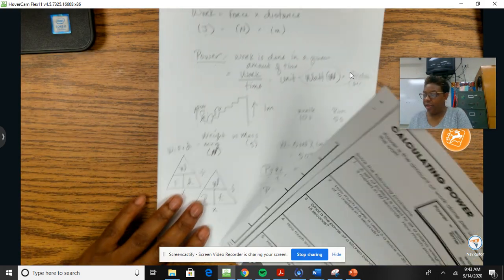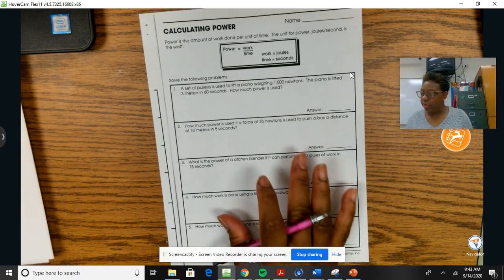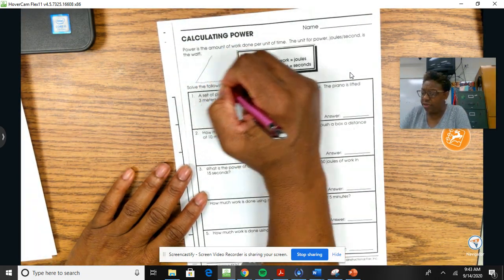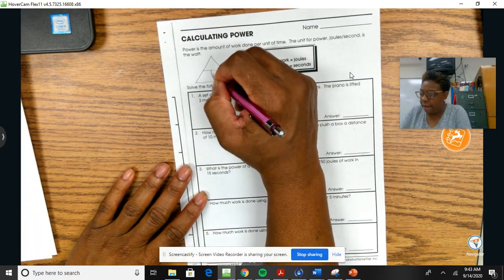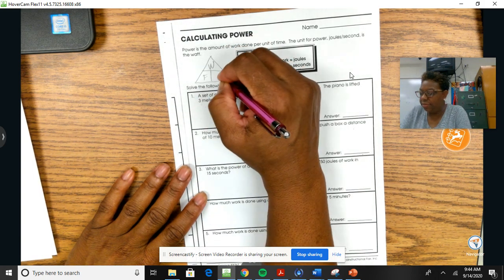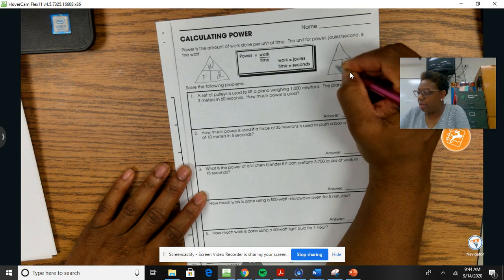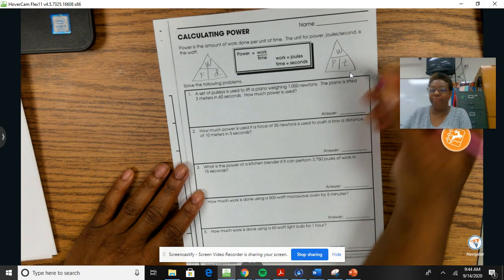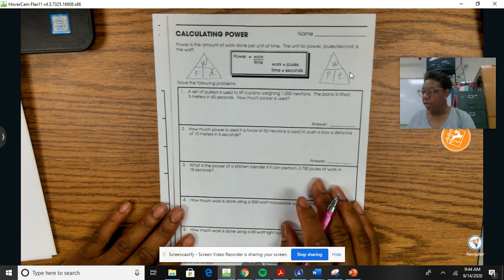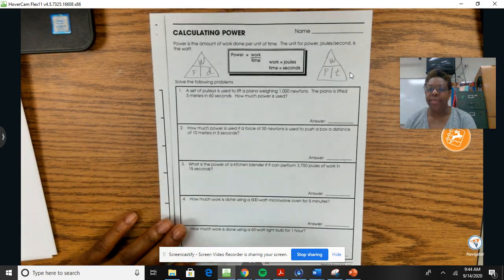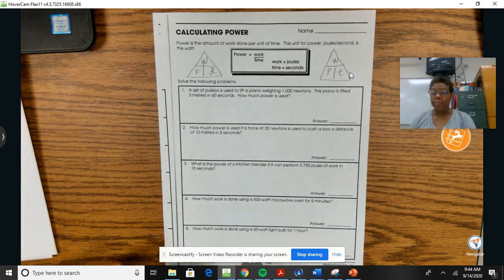All right, so a few examples, and I'm going to draw these triangles up here. Work is equal to force times distance. Power is equal to work over time. The way that I want you to approach all problems is to list the variables first.